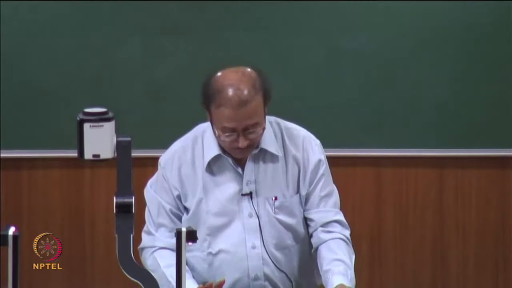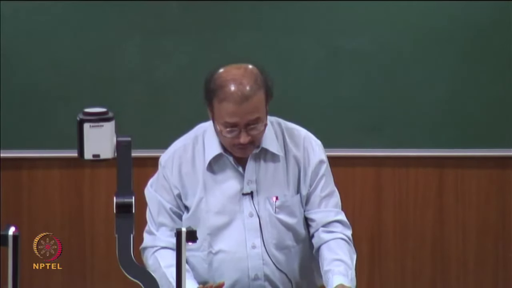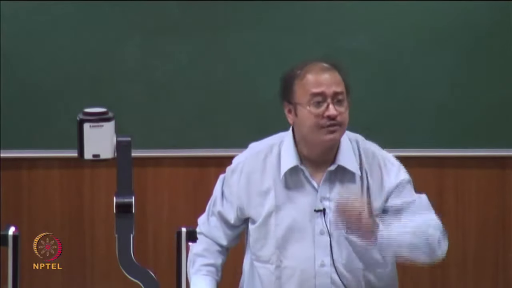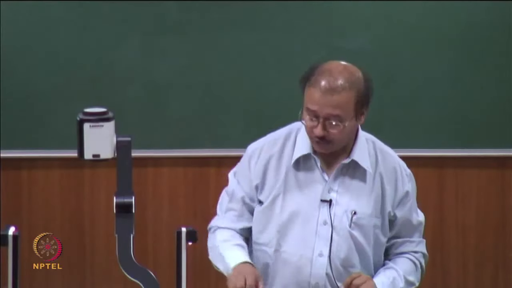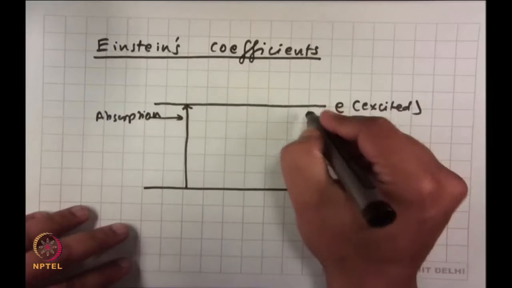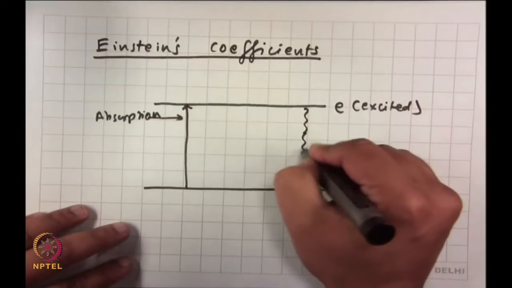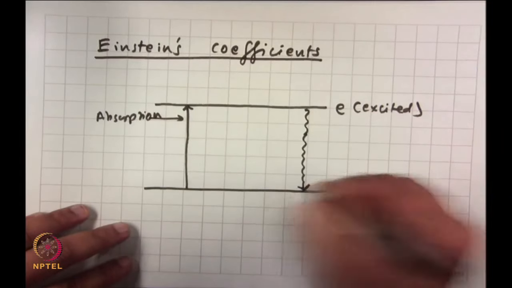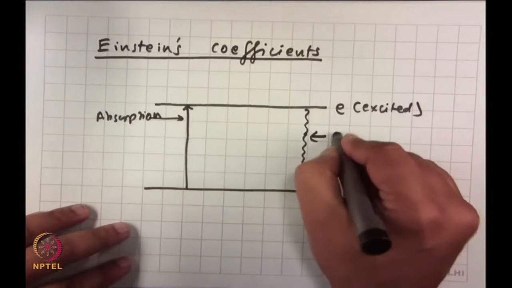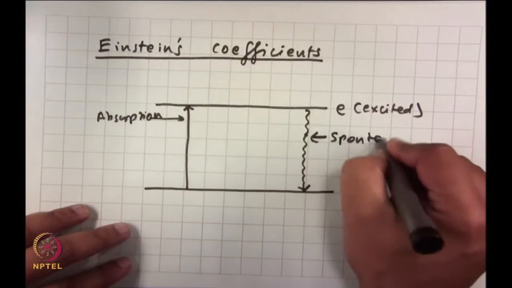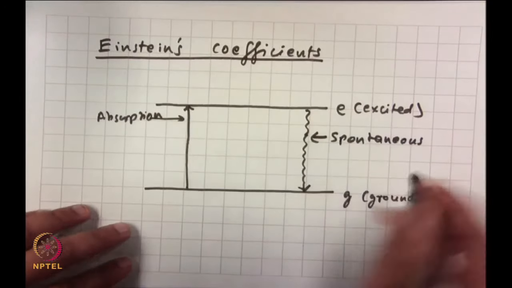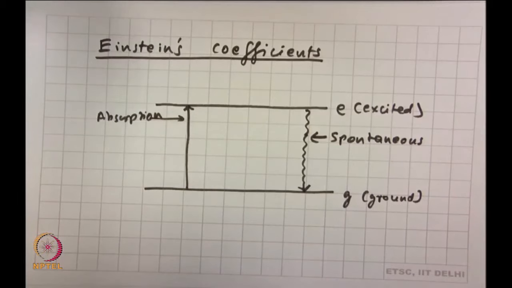One is that it can just spontaneously come down by itself. Let me give you a wiggly line. This is referred to as a spontaneous downward transition from the excited state to the ground state.